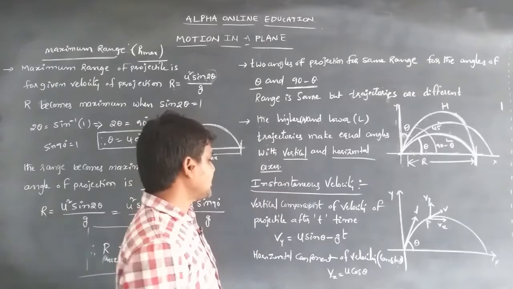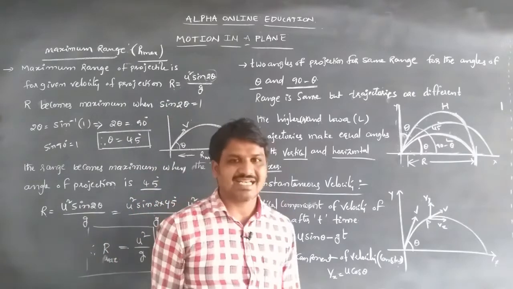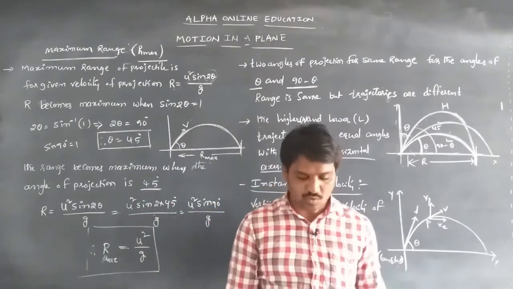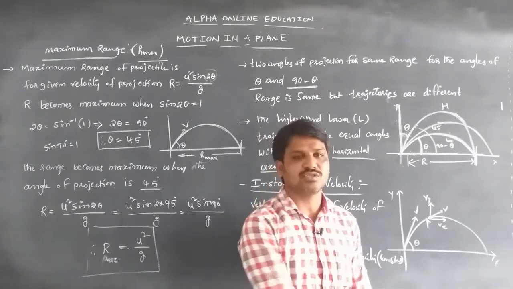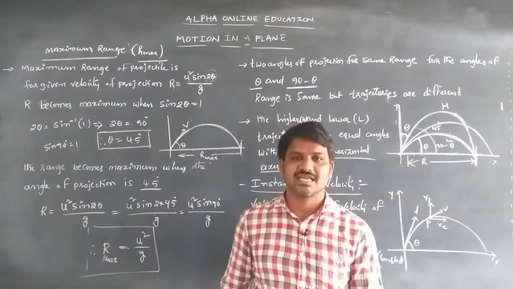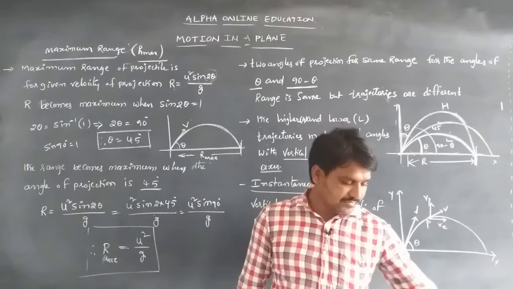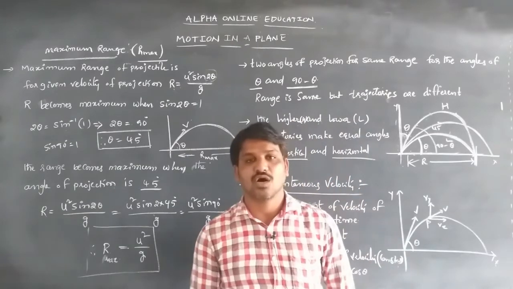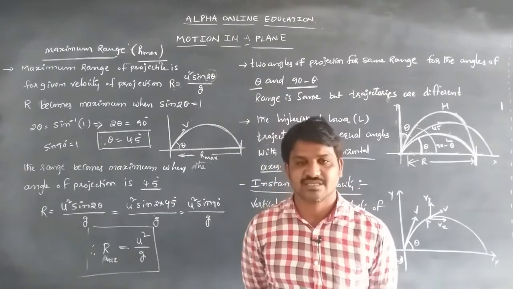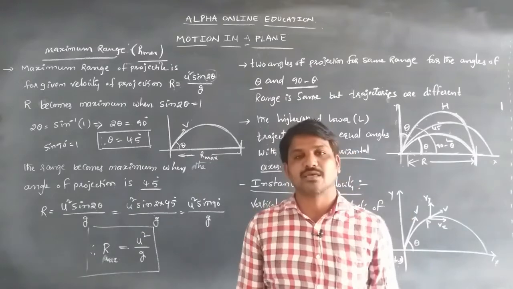Next the topic is instantaneous velocity. We know what instantaneous velocity is. In earlier videos we discussed what instantaneous velocity is, and how average velocity and instantaneous velocity differ from one another.